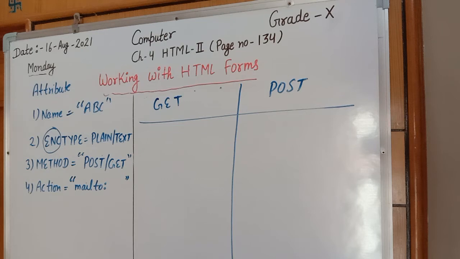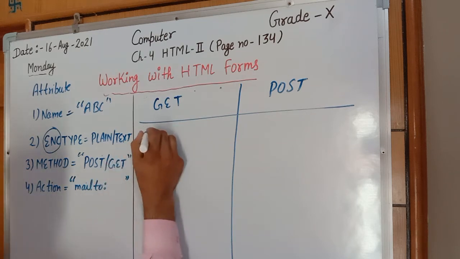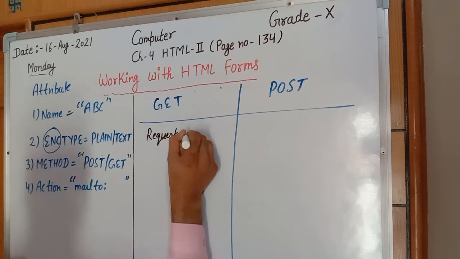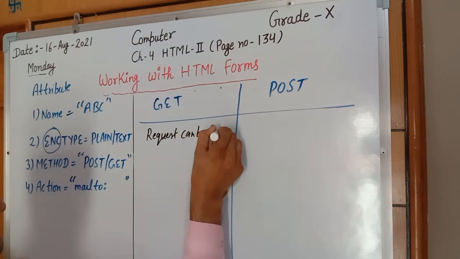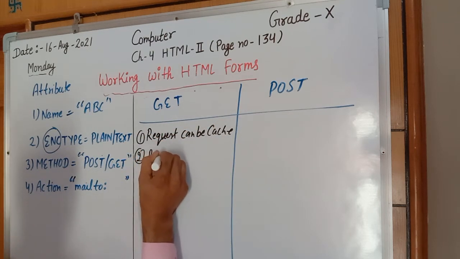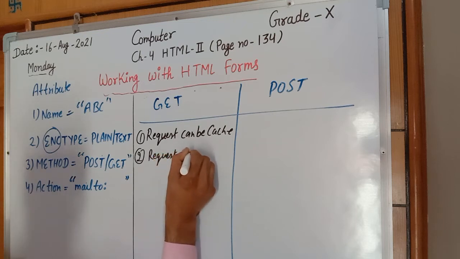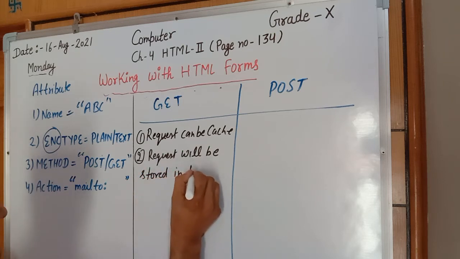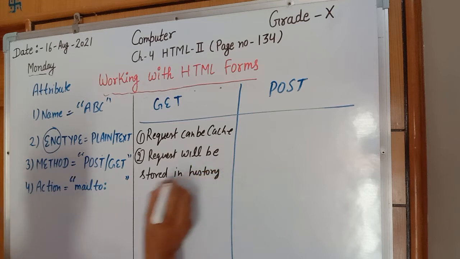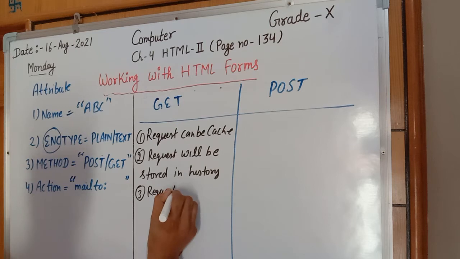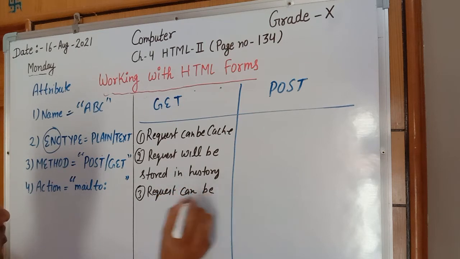But the other features of GET are these. First, the request can be cached. Second, the request will be stored in memory and in the history of the browser. Third, the request can be bookmarked.